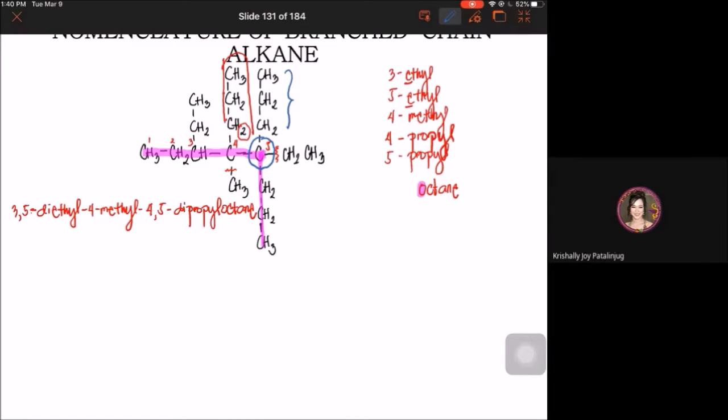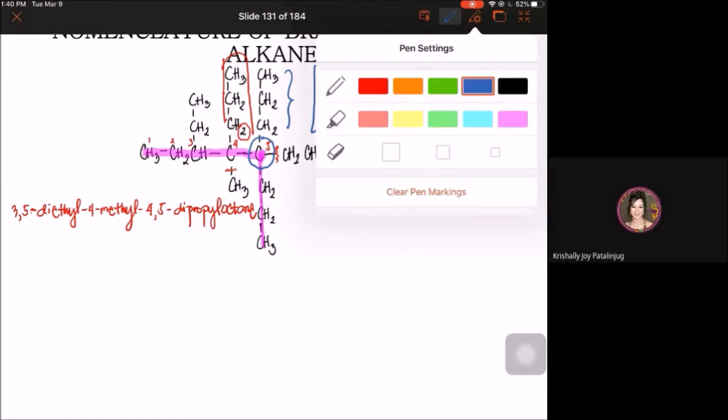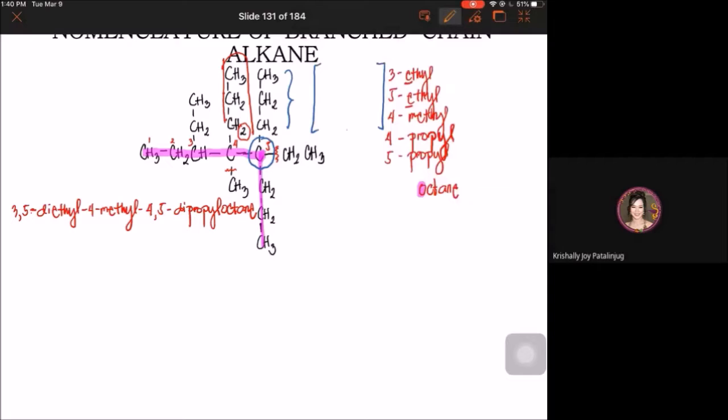What if I will try to modify that into this structure? Okay. Example. From this point of attachment sa carbon 5, example ha, yan yung carbon 5.